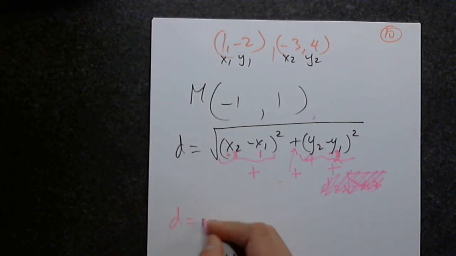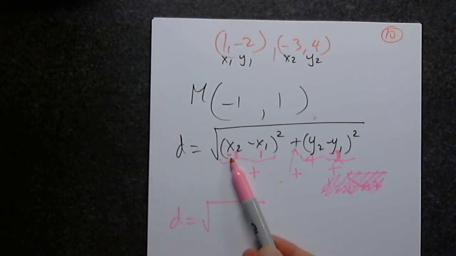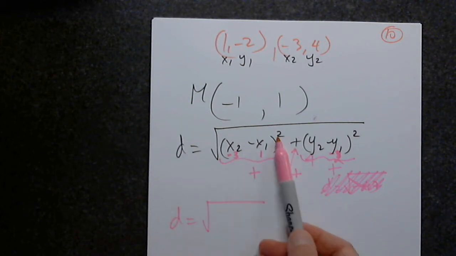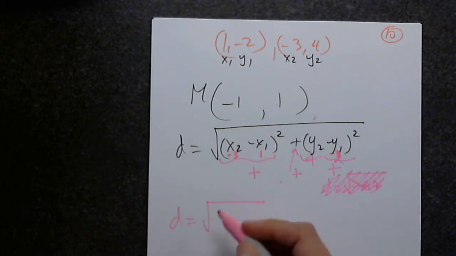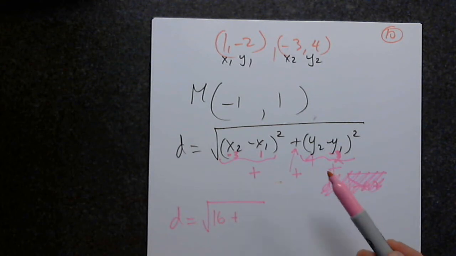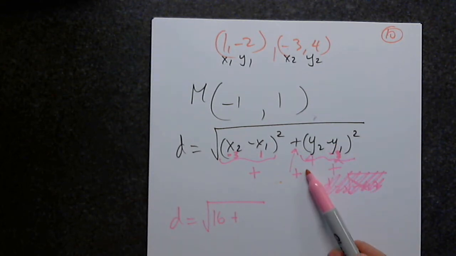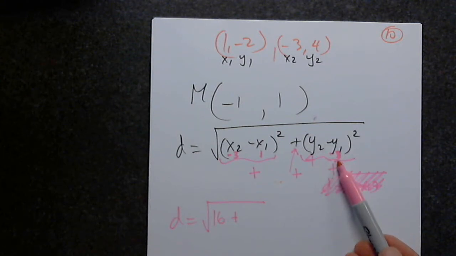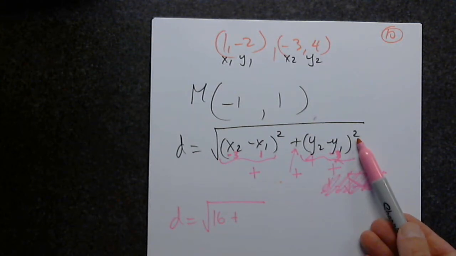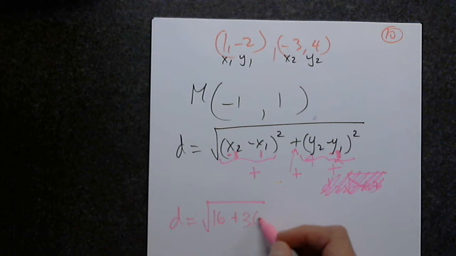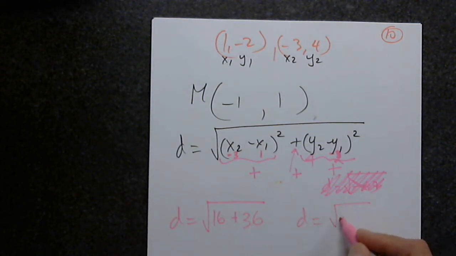So let's do this together, please. How much is negative 3 minus 1? Negative 4. And negative 4 squared will be 16. Plus, now I have 4 minus negative 2. How much is 4 minus negative 2? 6. How much is 6 squared? 36. Excellent. So then the distance is the square root of 52.